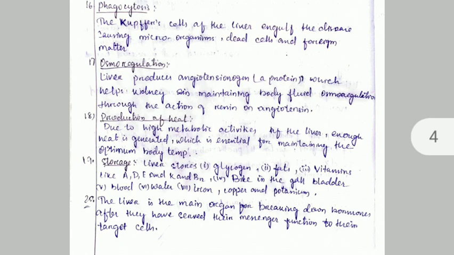Production of heat. Due to high metabolic activities of the liver, enough heat is generated which is essential for maintaining the optimum body temperature. Then storage.